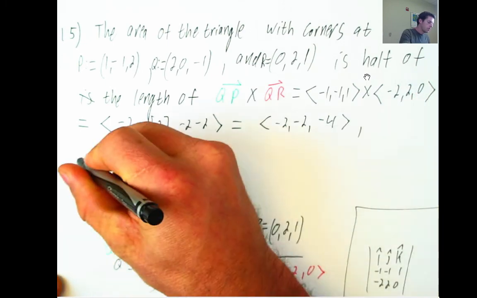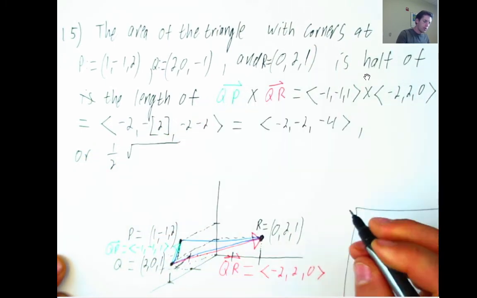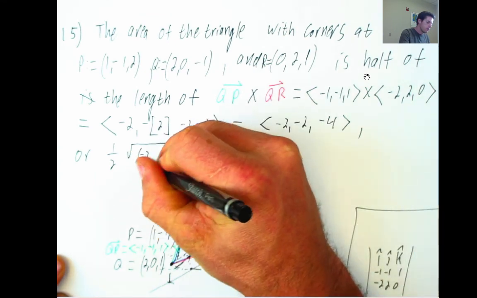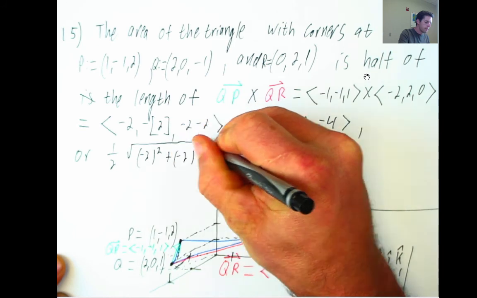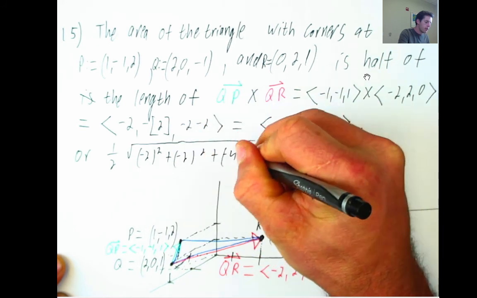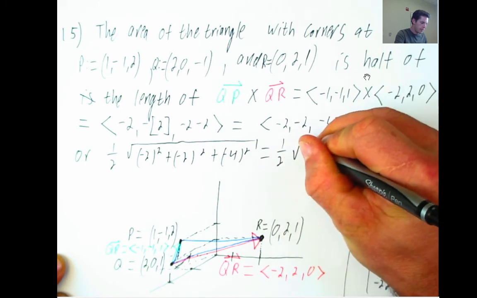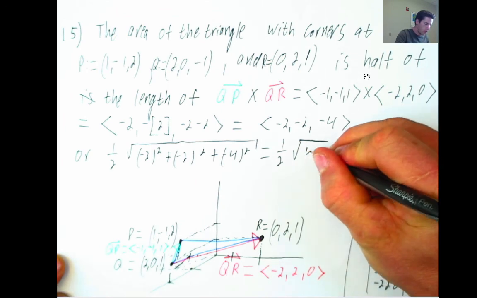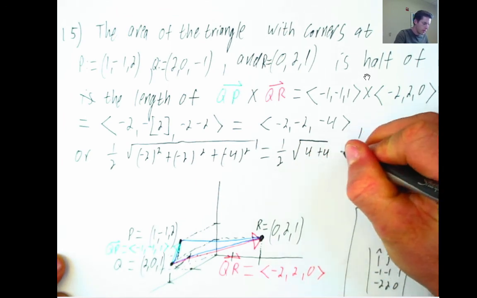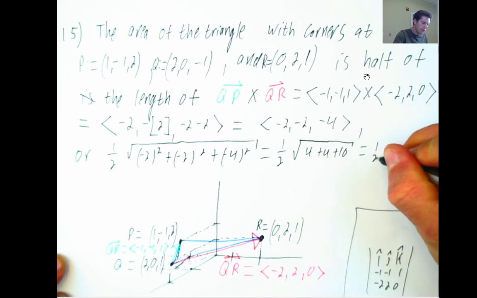So I'll say 1/2 the square root of 2 squared plus -2 squared plus -4 squared, and I will simplify that to 1/2 the square root of 4 plus 4 plus 16, and that is 1/2 the square root of 24.